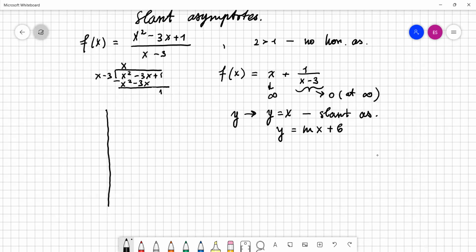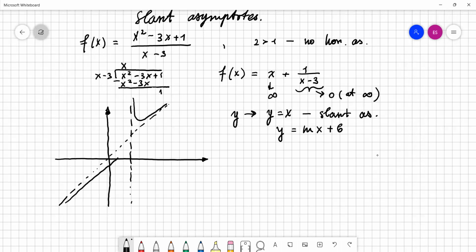Well, let me graph the function. I'm not going to ask you to solve any examples, but that's how we find the slant asymptotes. First, my vertical asymptote is x equals 3, right? How do I graph the slant asymptote? Just y equals x. So my graph at infinity is going to look like x.